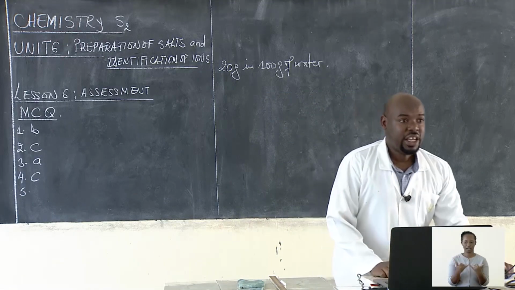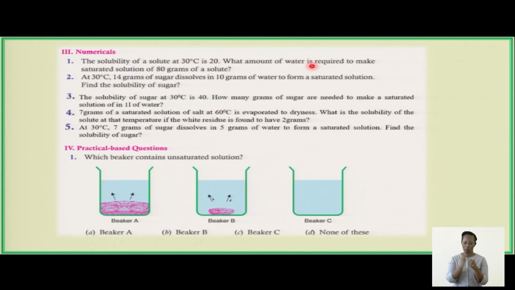Now, they are saying, what amount of water is required to make a saturated solution of 80 grams of a solute? For the solution to be saturated, when we have 20 grams, we use 100 grams of water. What do we have to do to change this mass of solute to 80 grams?